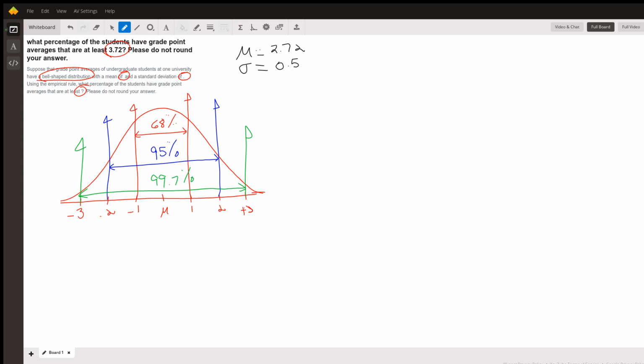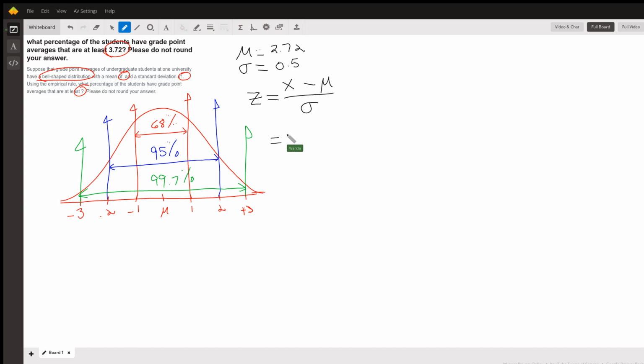Then our grade point average of 3.72 is going to have a z-score, and a z-score just tells you how many standard deviations you are above or below the mean. So the z-score for 3.72 is the data value minus the mean divided by the standard deviation. You can see that tells you how many standard deviations you are away from the mean.